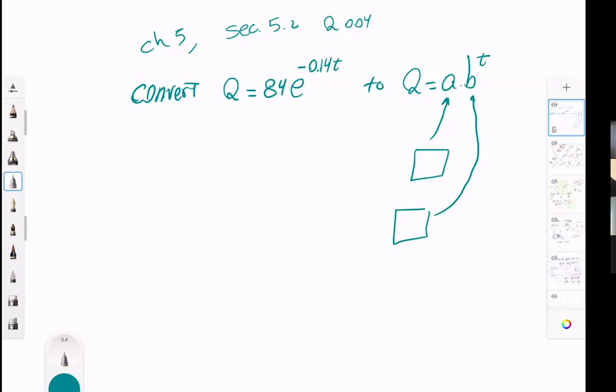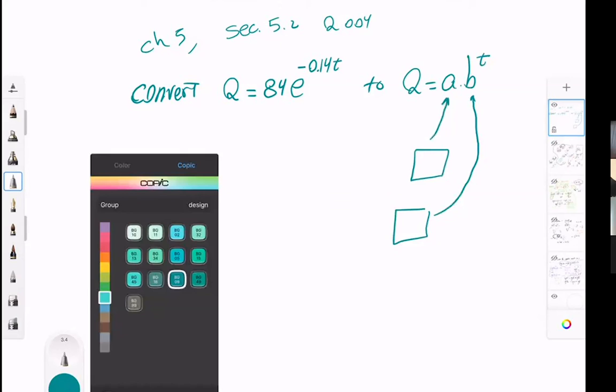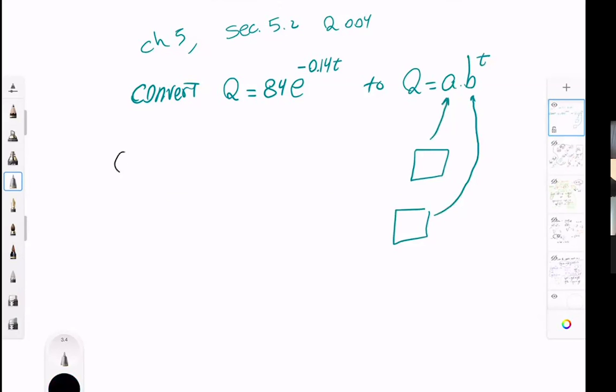That's what we need to do. So I would make them under each other. I will make Q equal 84 E to the negative 0.14, I put the T outside. And then Q equal A B to the power of T.